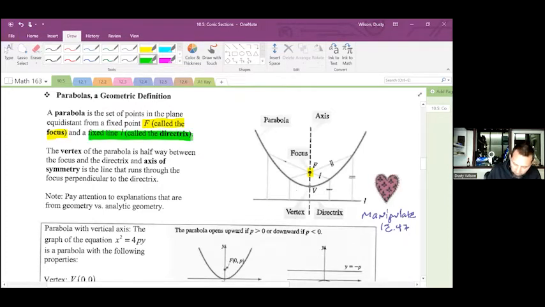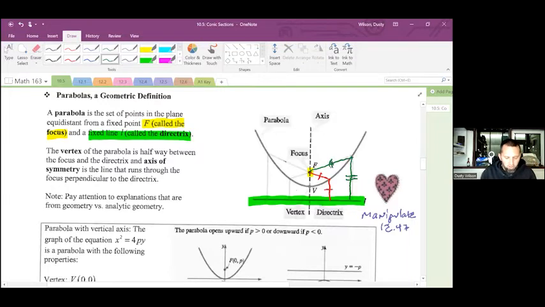And so we notice that the distance from the point, the focus, to the curve is the same as the distance from the curve to the directrix. Or again, from the focus to the curve, the same as the curve to the directrix.